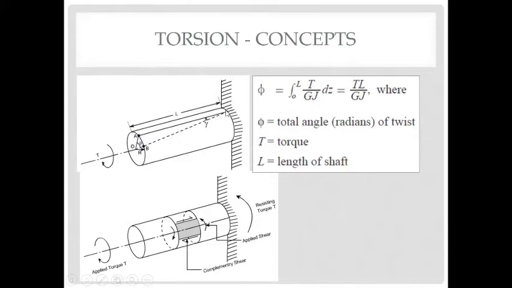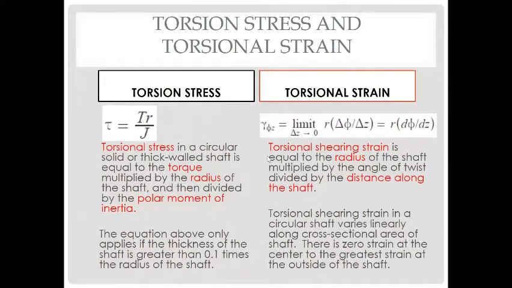But if I look at the deflection of the shaft, if I go from A to B along the length of the shaft, this shaft twisted and created an angle along the shaft as well. But we call that gamma, and gamma is, in fact, our strain, right? So we look at the angle formed along the shaft as the strain, and the angle formed on the cross-sectional area as the angle of twist, that phi angle.